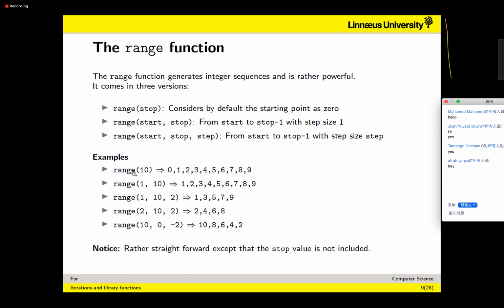So range 10 will start with 0 and will not reach 10. It will iterate over the values 0 up to 9. Start to stop, the one that I was showing earlier on, goes from start to stop minus 1 with step size 1. So the default is step size 1. And then you have the general version, from start to stop with a certain step size. And here, 10 is not included, since we are not reaching 10 in this case.